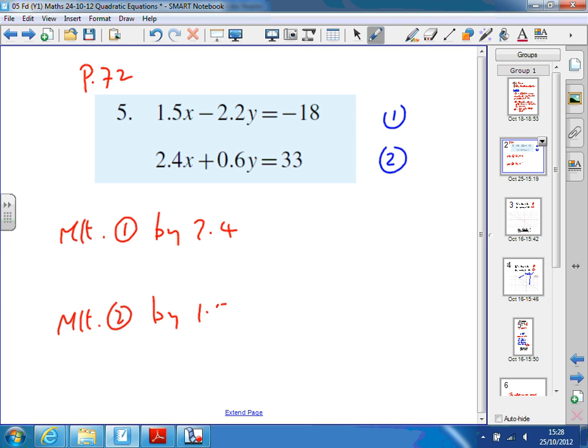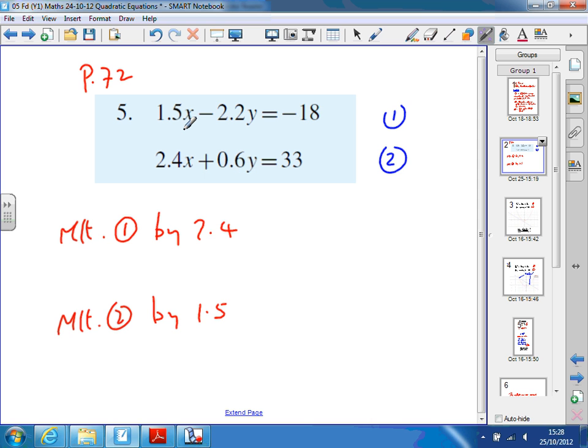So in other words, if I multiply equation 1 by 2.4, which is the value for x in number 2, and then I multiply equation 2 by 1.5, in other words, multiply by the other one effectively, then you should end up with x as being the same.